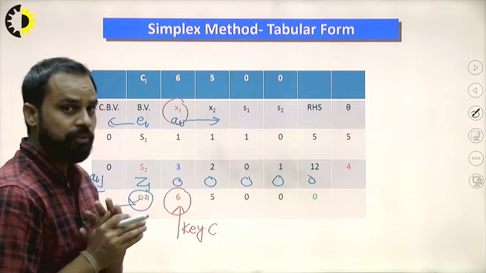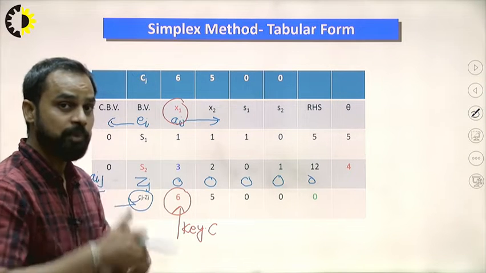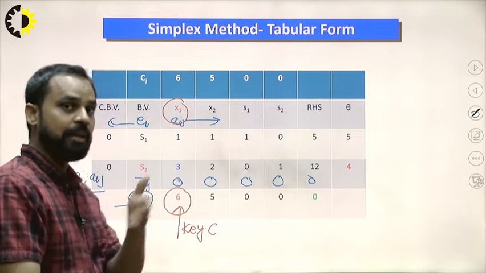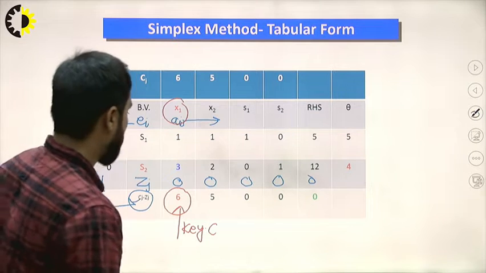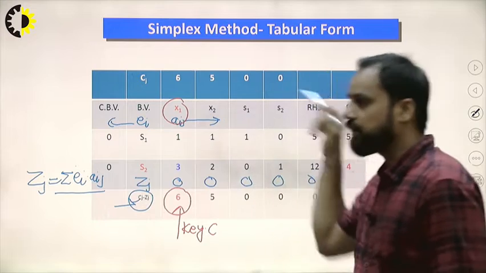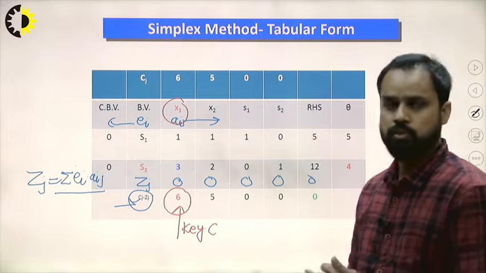So the key column decides which variable will move from the non-basic variable table to the basic variable table. Now we have to decide, if x1 is entering, which variable will leave? Out of s1 and s2, which one is leaving?